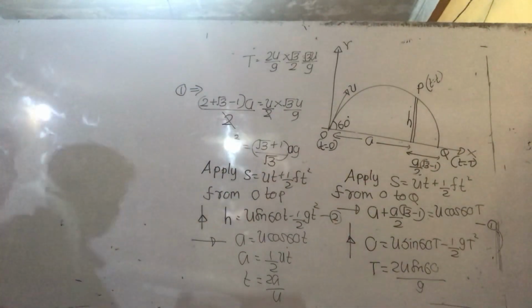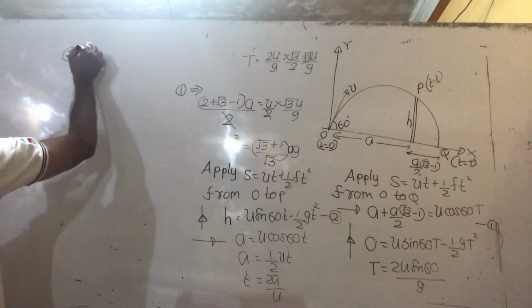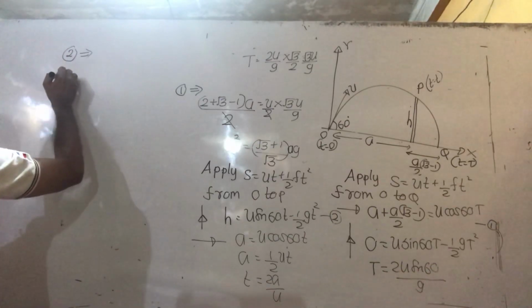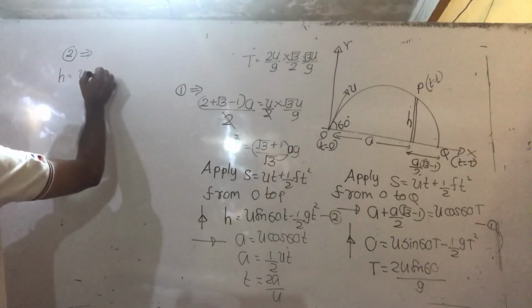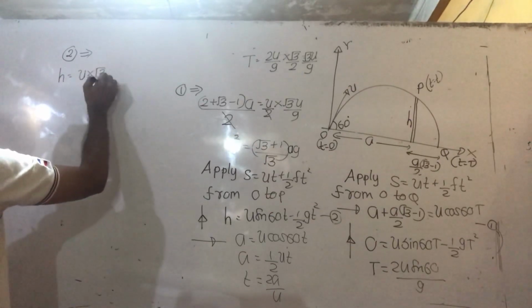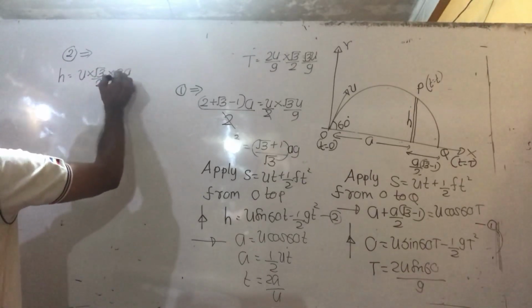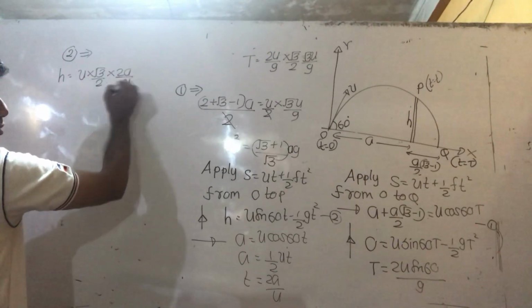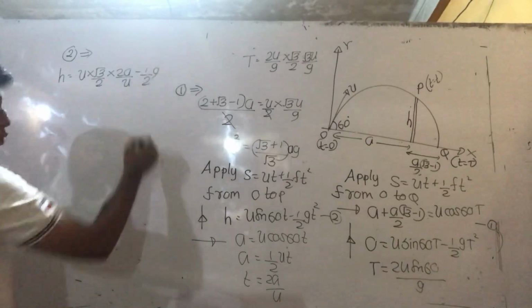So applying the second equation, h equals u sin 60, root 3 by 2, into t, 2a over u, minus half gt square.